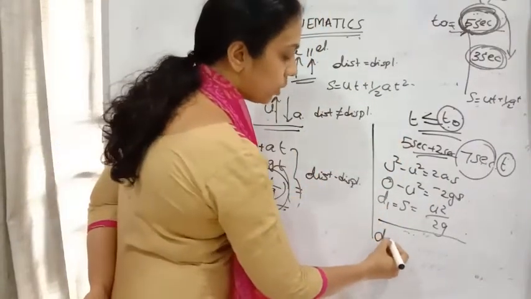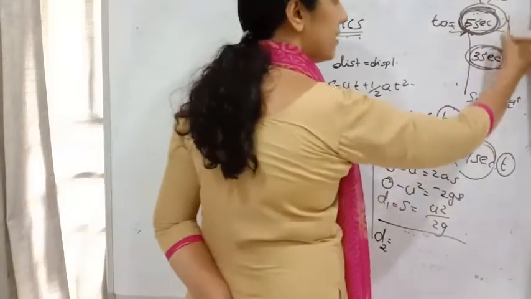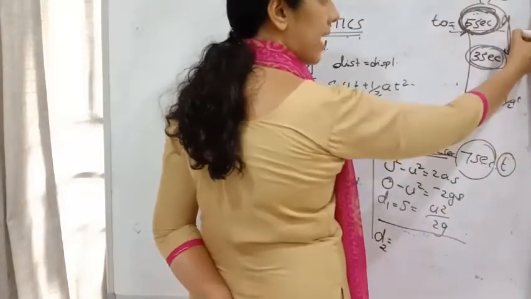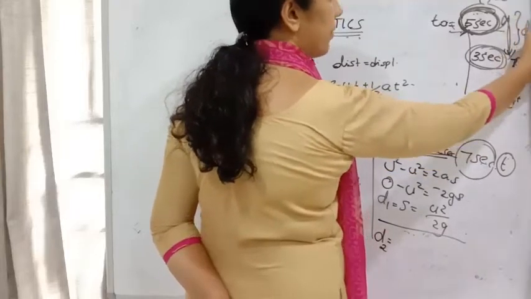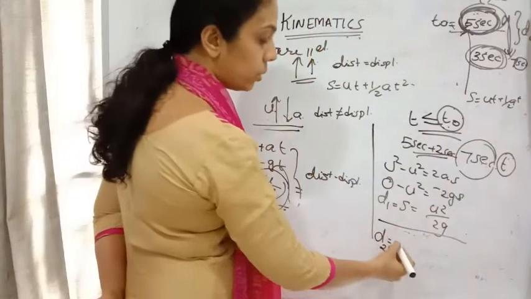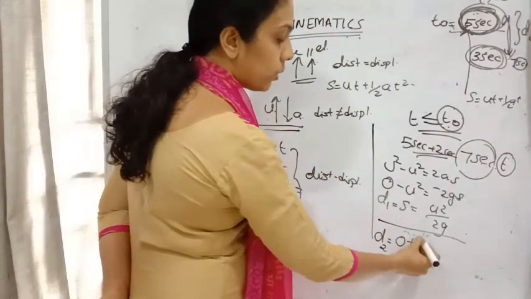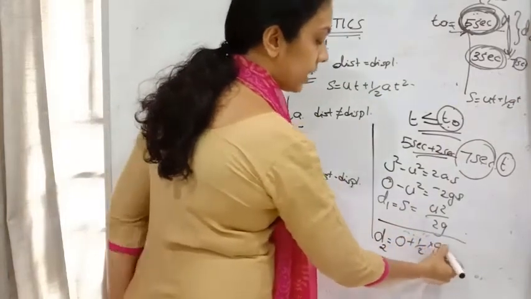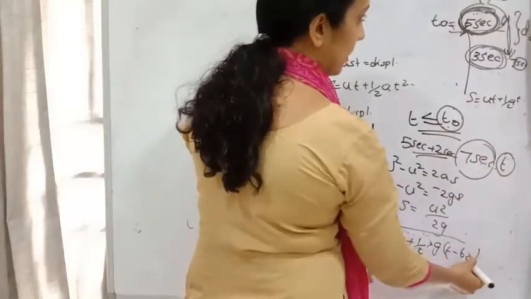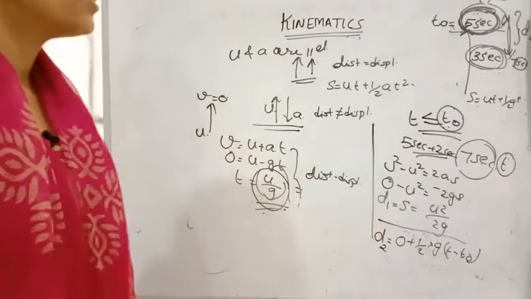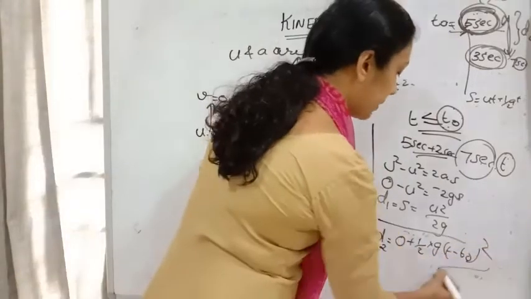So s is equal to d2. I am considering this distance, again the 2 seconds it has traveled till 7 seconds. So that d2 distance, how will I find it? S is equal to ut plus half at square. Initial velocity is 0, half into acceleration into the time required, which is t minus t0, the whole square.